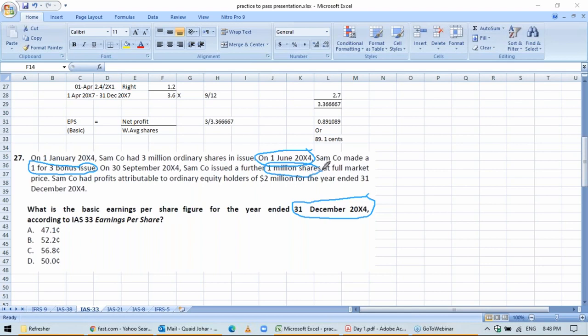There is no adjustment for shares issued at full market price. We only adjust the weighted average share working when there is a right issue or bonus issue, because we are collecting less money. If we are giving a discount, only then we will adjust the weighted average working. Otherwise, we do not adjust it. Okay, so let's start doing this question, students.